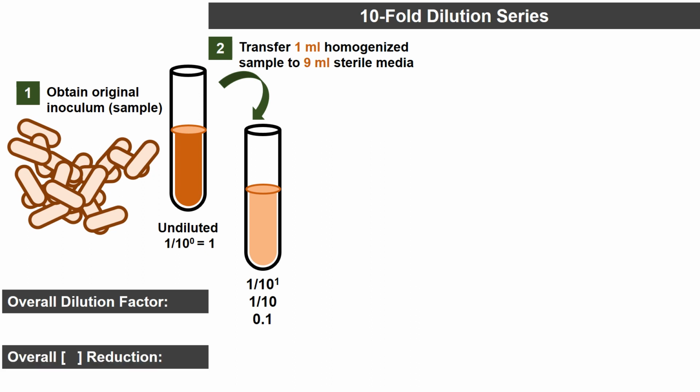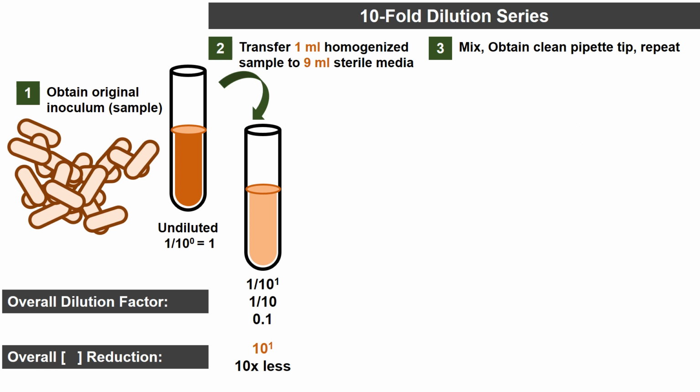Therefore, the overall concentration reduction in this tube now is 10 to the power 1. This is the 10 to the first tube, because we are 10 times less concentrated than we were before. We have 10 times less concentration of Beyonce's spit bacteria.